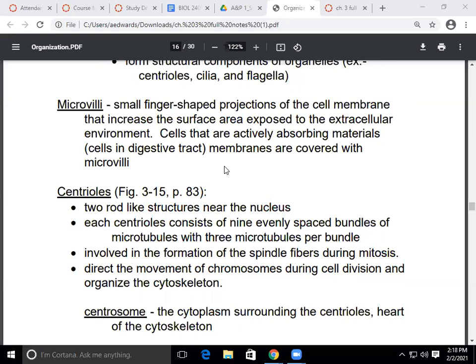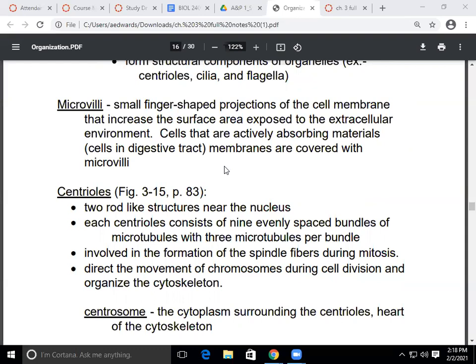Big thing I want you to know here is they increase surface area, okay? And that's important because cells that are involved in absorption need more surface area, because more surface area equals more absorption. So where do you find these? In your digestive tract. Okay, so your intestinal lining is covered with microvilli.